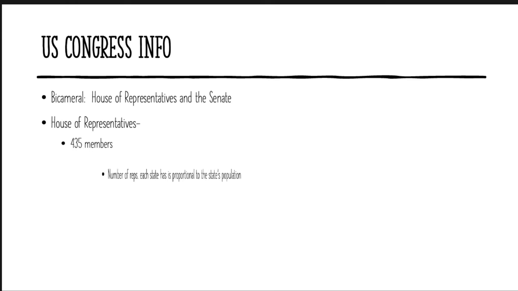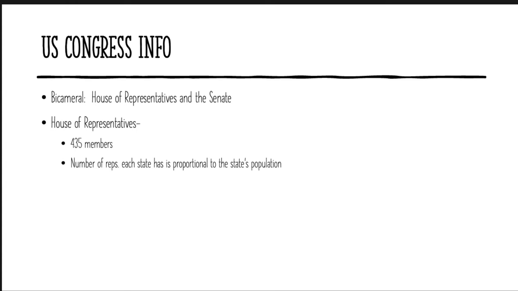Population. So, the number of reps each state has is proportional to that state's population. It's called apportionment. That number 435 is apportioned out to each state based upon the size of the state.